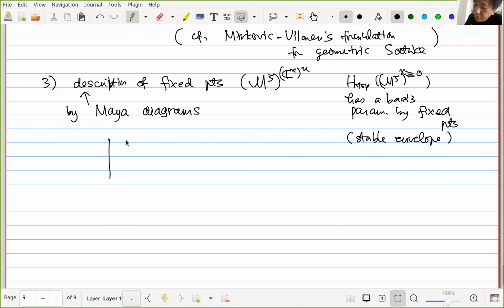So I have this kind of picture. I have n columns and L rows, and it continues to the left and right.